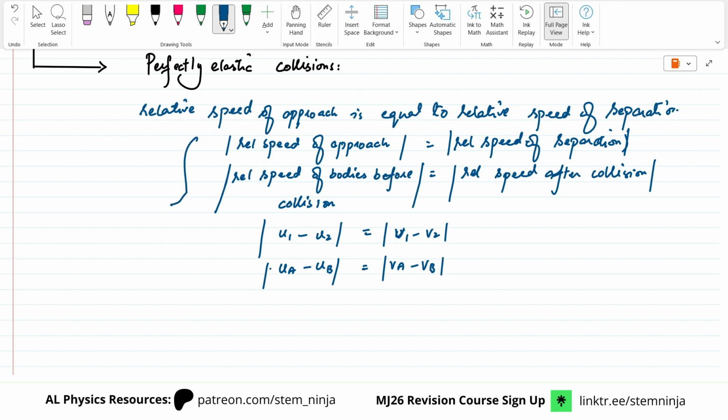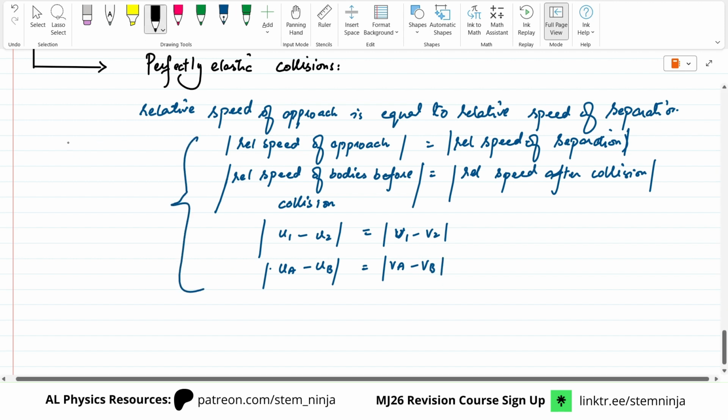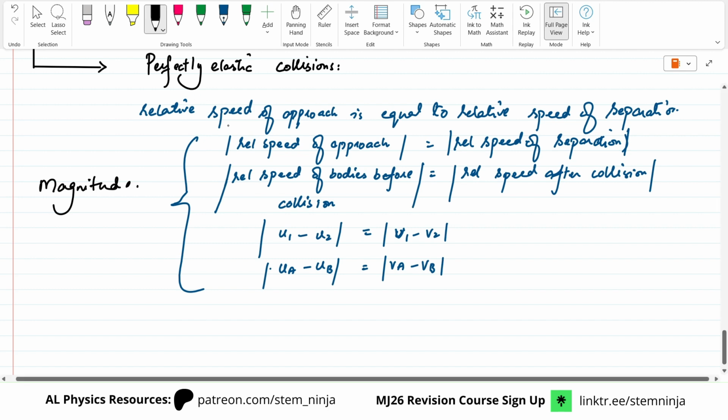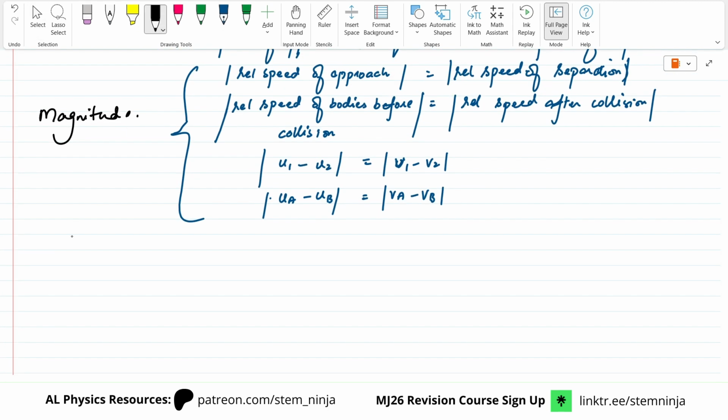This is about magnitude. But what about the direction? Directions are reversed. The relative velocity directions are reversed.